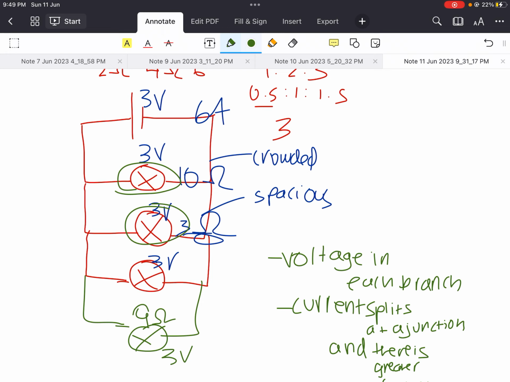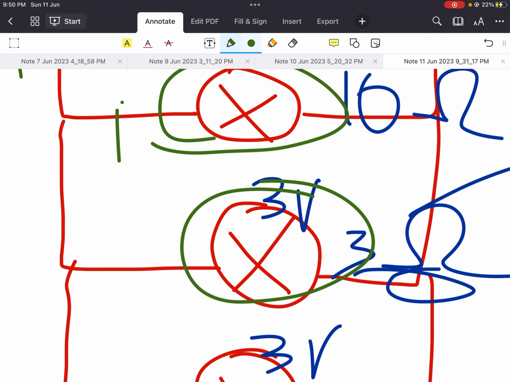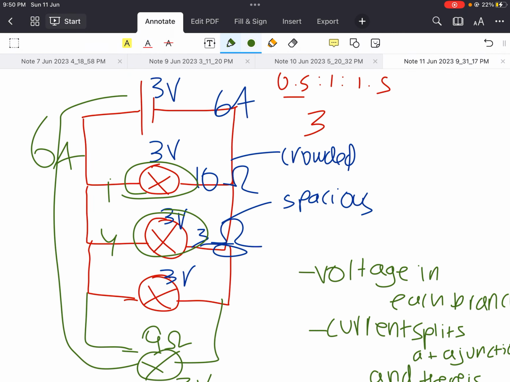Another thing you need to know is that current means that charge is being preserved, and voltage means that energy is being preserved. The fact that current is splitting at a junction means that overall in the circuit the current is still the same. Let's say current is flowing from here to here, it's 6 amps, it splits up, and I'm just giving random values, this gets 1, this gets 4, and whatever, and then when it comes back, it's still 6 amps.